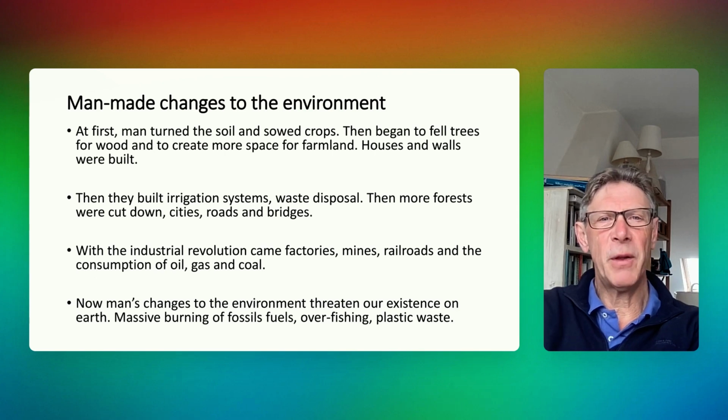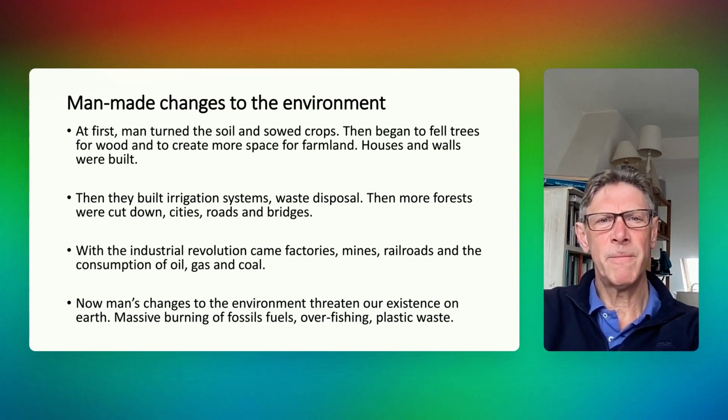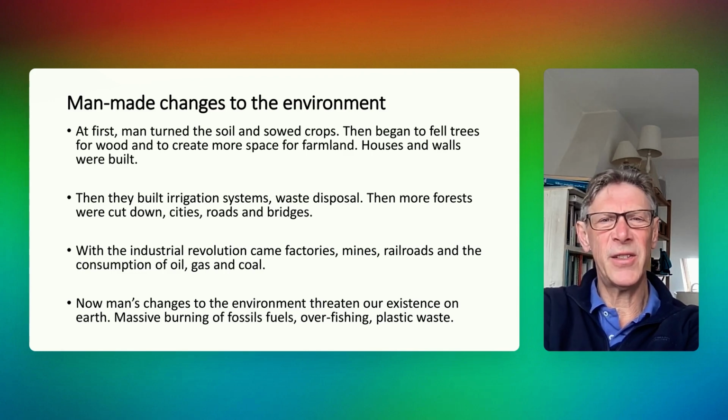This was the beginning of the climate change crisis that we have today. Now we are burning so much oil, gas, and coal that the way that we started to change the environment, simply turning soil and sowing crops, has become so damaging that it actually threatens our very existence.